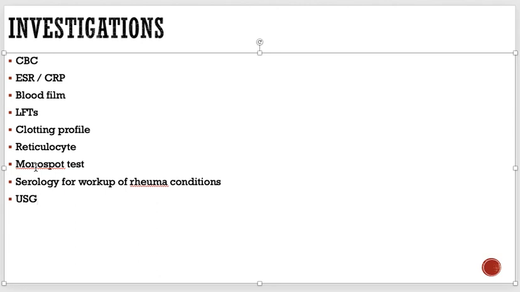You can also assess the size of the kidney. Sorry, not kidney, spleen. So this one is a very, very important type of investigation. Of course, you can measure the size of the spleen as well, and of course, you can do a CT scan. That will give you a more detailed view of what's inside the abdomen.